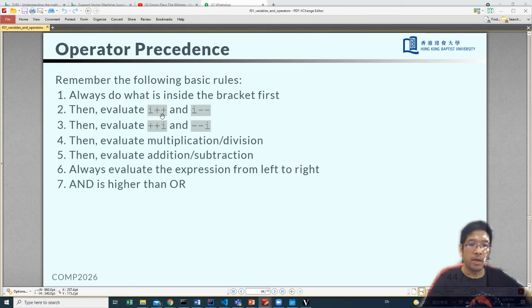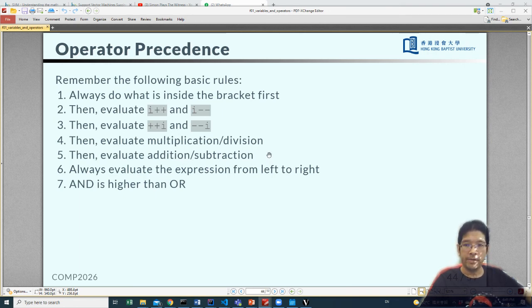Then we will take i plus plus or i minus minus, which is the post-increment or post-decrement, first. And then we will evaluate the pre-increment, pre-decrement, followed by the multiplication and division, and the addition and subtraction.